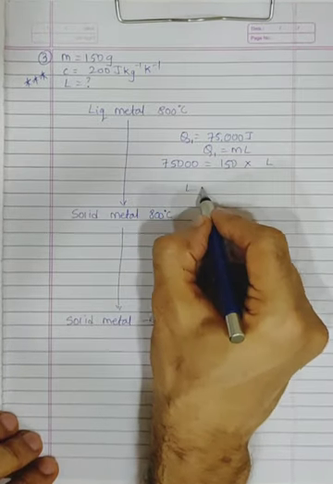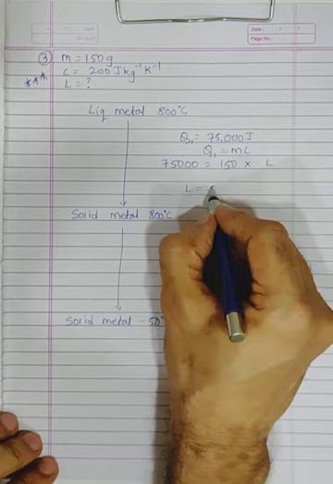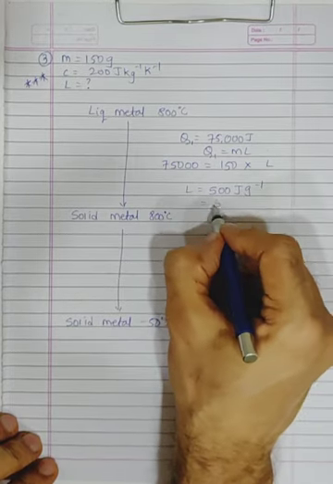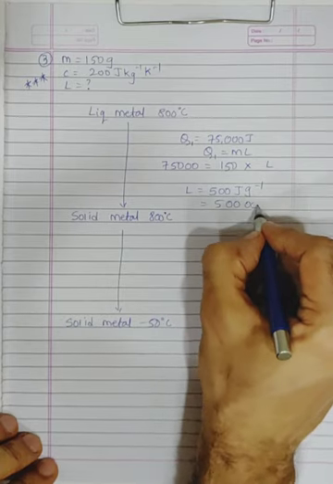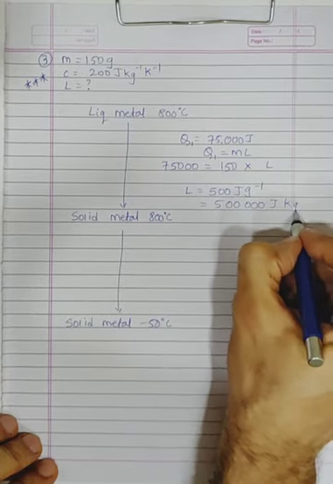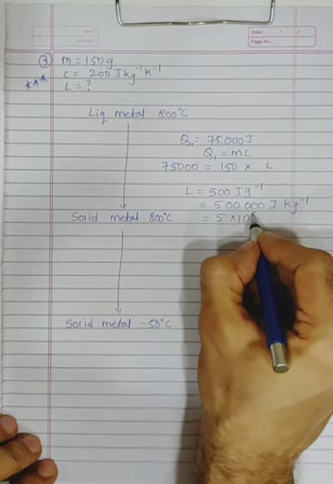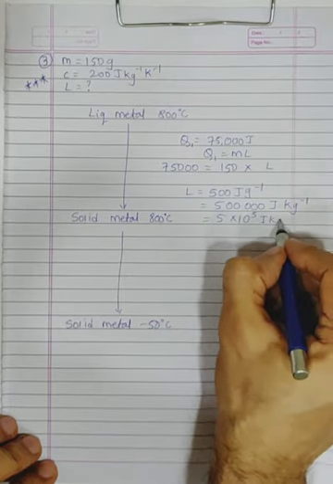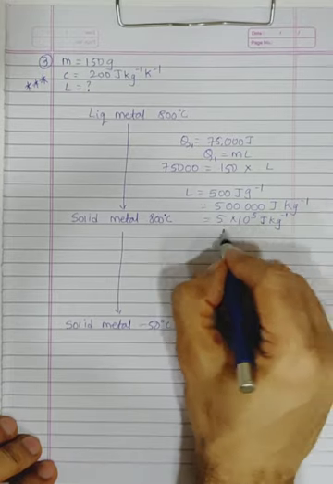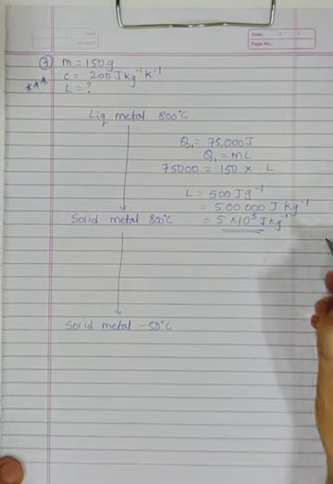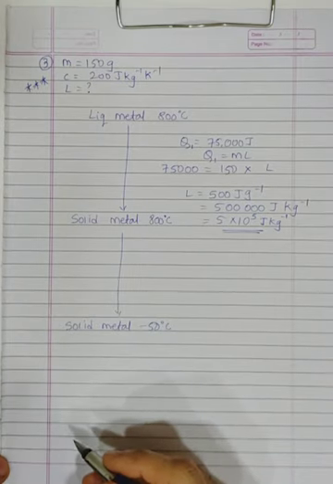On solving, you will get L is equal to 500 joule per gram, which is 500,000 joule per kg in SI unit, which is 5 into 10 raised to 5 joule per kg in the standard form. If you can afford to write in this form, it's better you write it like this only.